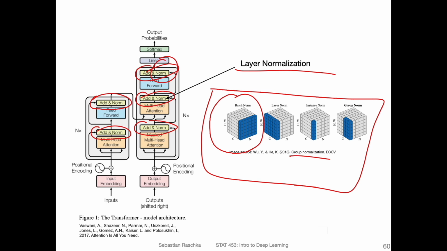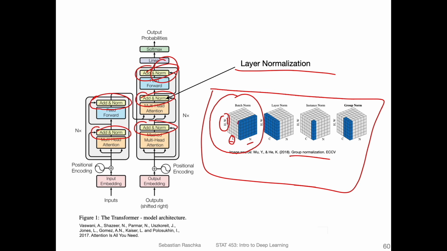So here they have separated the height and width and the color channels. You can think of H and W as the features for one channel, and then you have the different channels here, and N is the batch size.